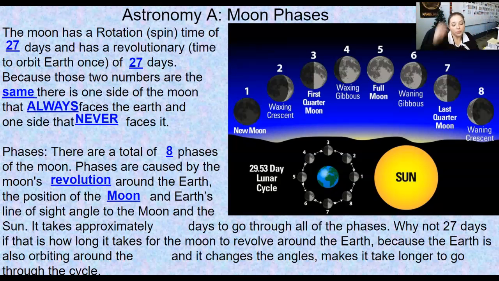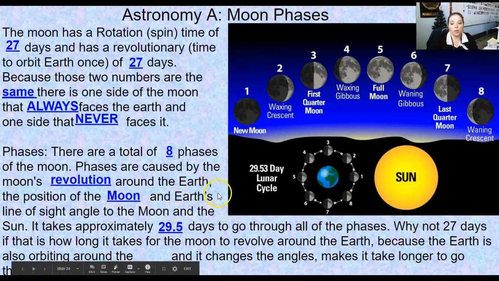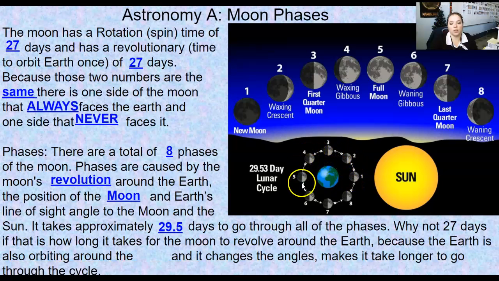Okay? It takes approximately 29.5 days to go through all of these phases. Well, why the heck? Well, that's because it starts right here, and as it's going around, you would think it would end right there at 27 days.